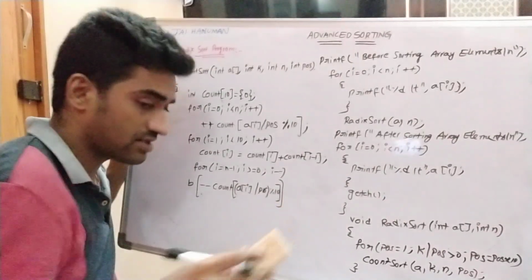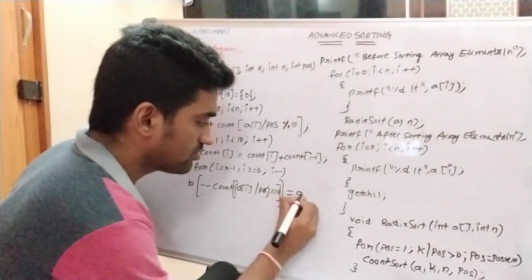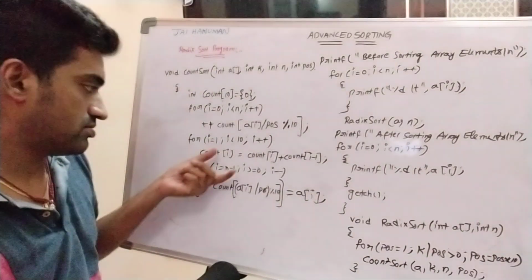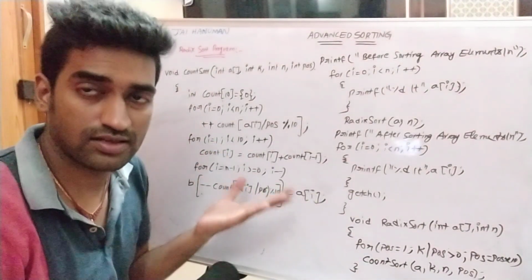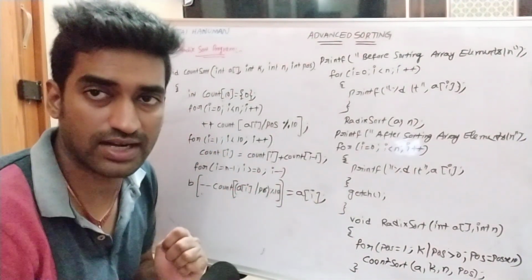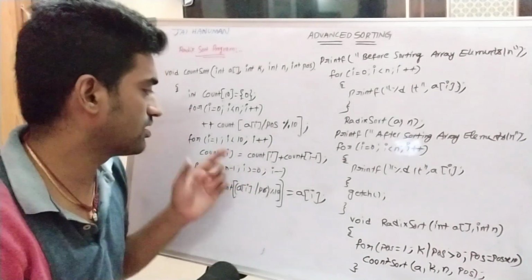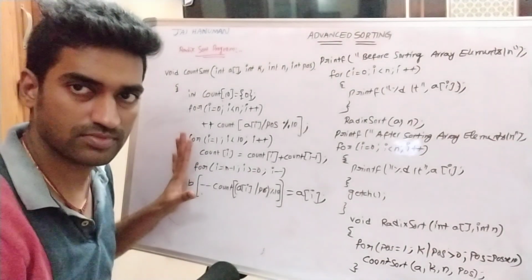So based on the A of i value, we can update the B array. These loops are already discussed in the normal program for radix, right? So please just go through that video, you can understand everything about these loops.